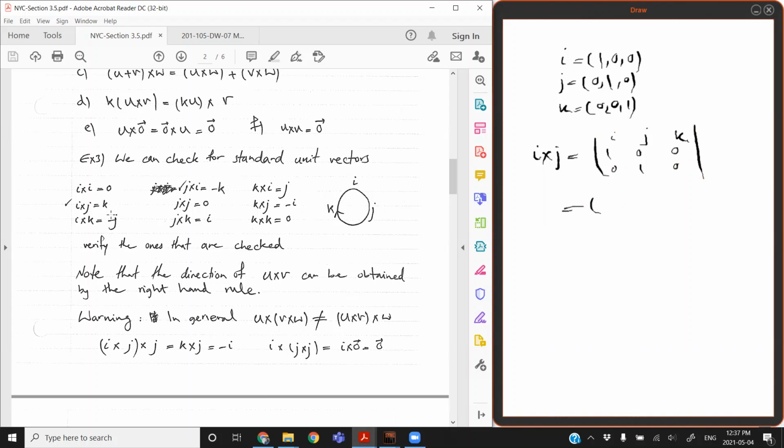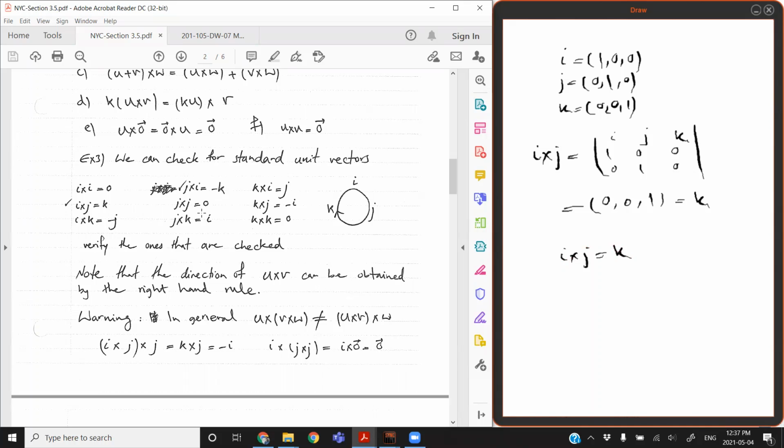You can easily see that the minor for i is going to be 0. The minor for j is going to be 0. And the minor for k is going to be 1 times 1 minus 0, which is 1, which is k. So i times j is going to be k.